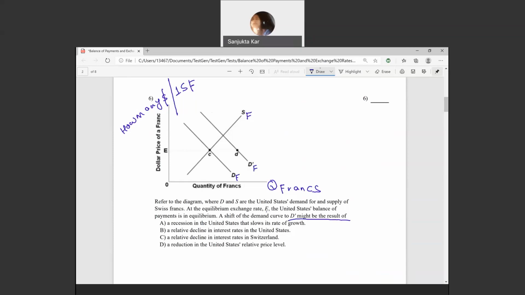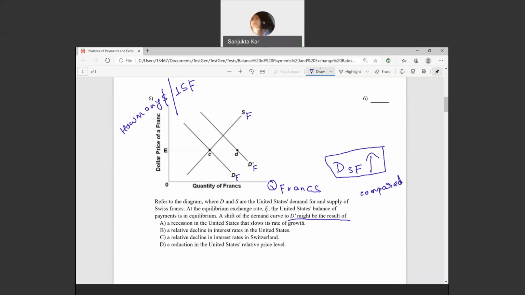So take a look at the answer choices. Looks like the demand for Swiss francs is going up. So when the demand curve shifts to the right, the demand for Swiss franc is increasing.